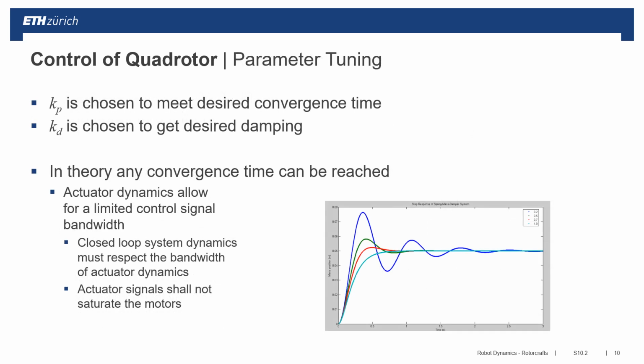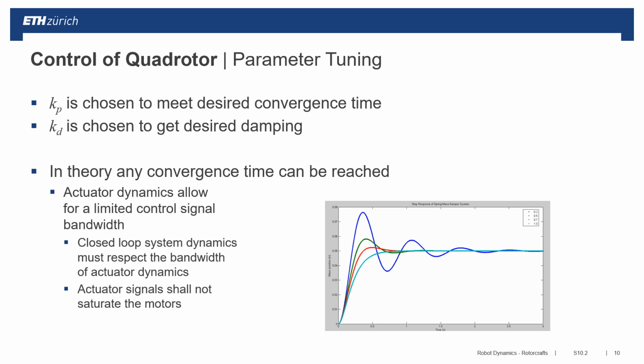As mentioned before, for a PID controller, there are different tools to tune the parameters of the controller. The most straightforward and simple way is probably to just look at the desired convergence time and the desired damping of your closed loop system. In theory, you can actually have whatever convergence time and damping.